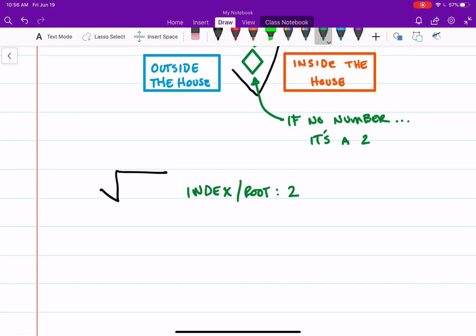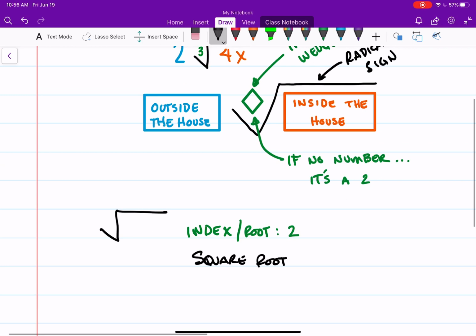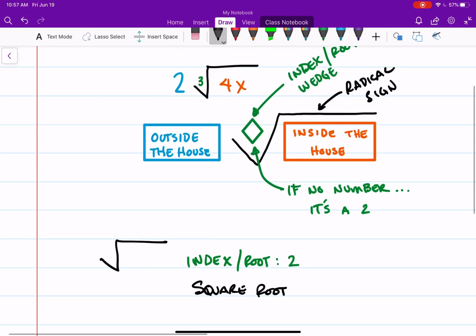And what we call this is a square root. That's as far as you're going to go this semester, but next semester you're going to go into where in that wedge could be a 3, could be a 4, could be a 5, and so on. And the same rules apply to that.